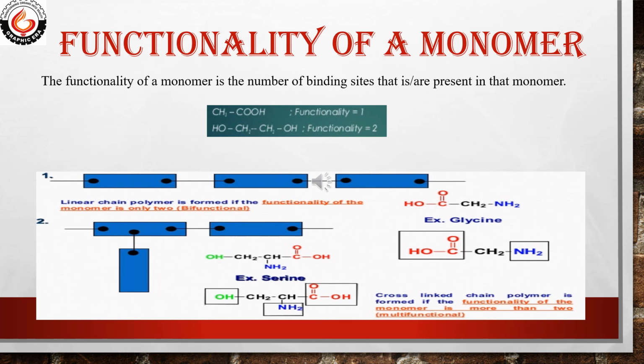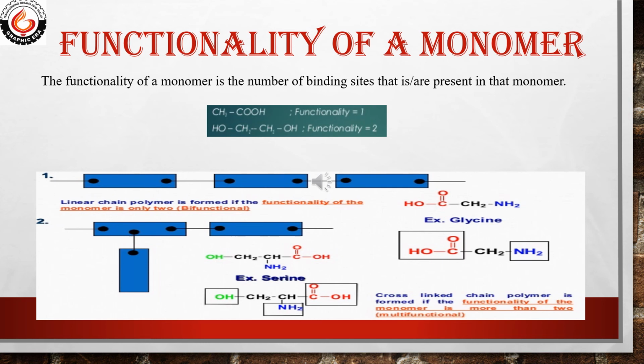But as given in example 2, serine is also an amino acid. This amino acid has three functional groups: OH, NH2 and C double bond O, OH. So here you can see there are three functional groups, and this type of monomer is able to form cross-linked chain polymers.